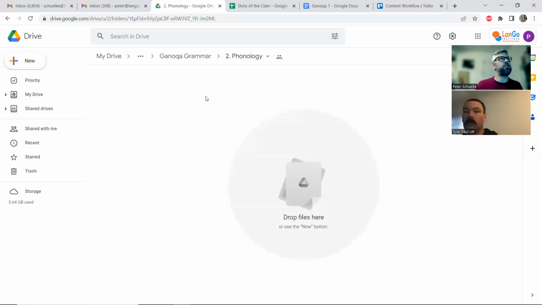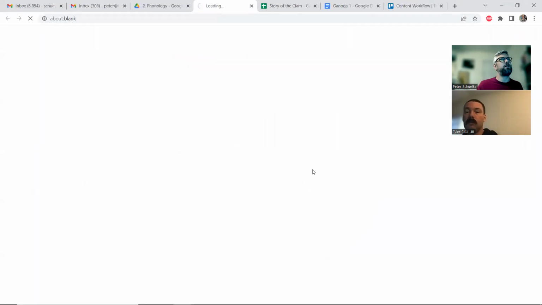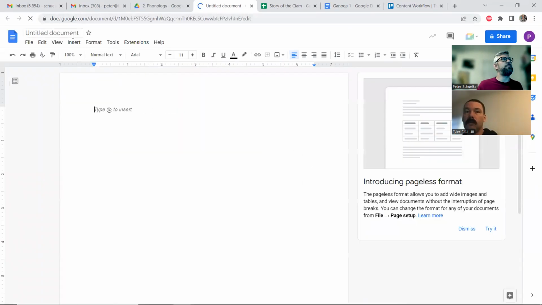So in our phonology section, I would start creating little documents. The first one's going to be, say, 2.1, phonemic inventory or whatever. We're not even going to actually do 2.1 yet.